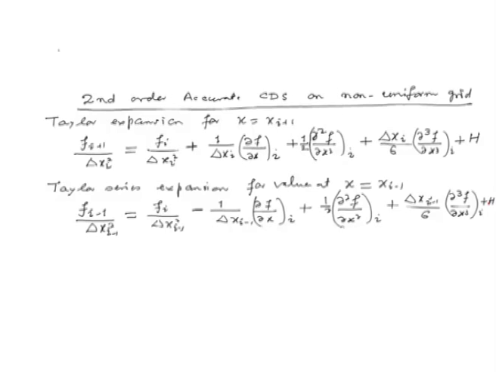Now, if we subtract the bottom equation from the top one, we would be able to eliminate the second order derivative. That is what we wanted.